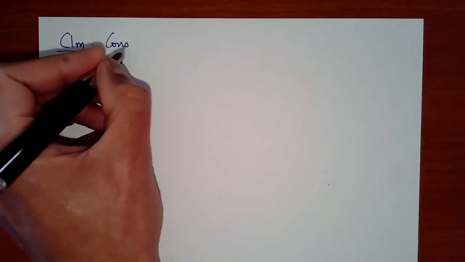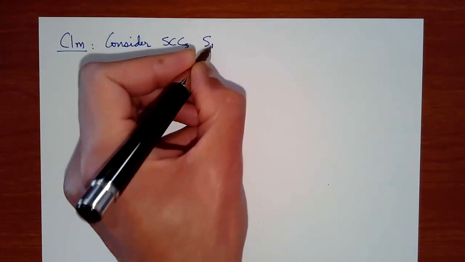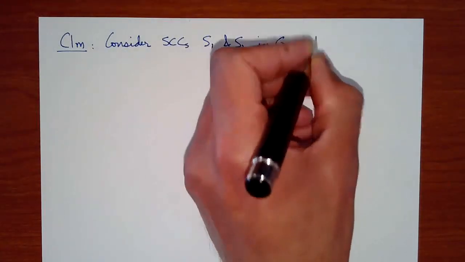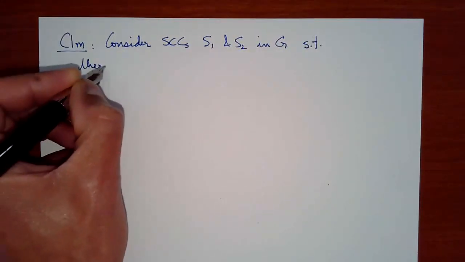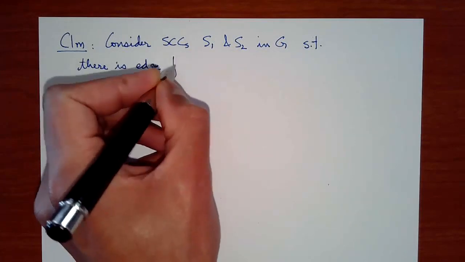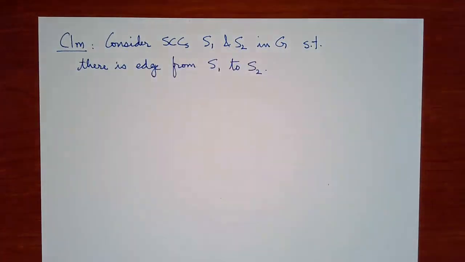I'm just going to write this out as a claim that again you consider SCCs S1 and S2 in G such that there is an edge from S1 to S2.